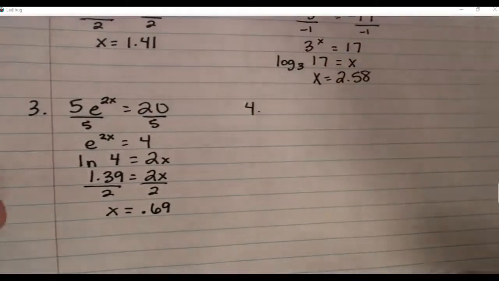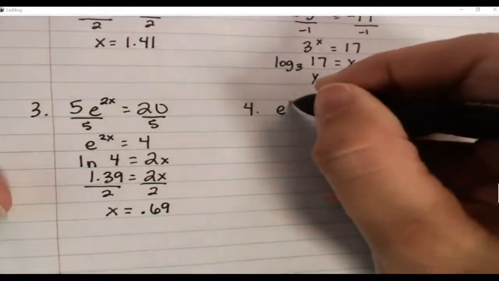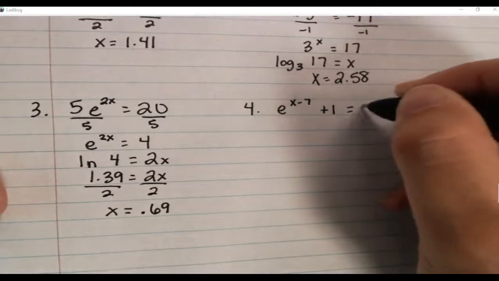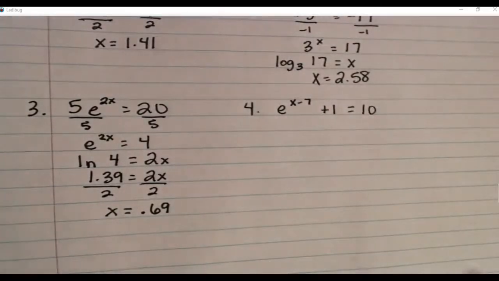So let's say we have e to the x minus 7, plus 1, equals 10. So what should I do? Good.